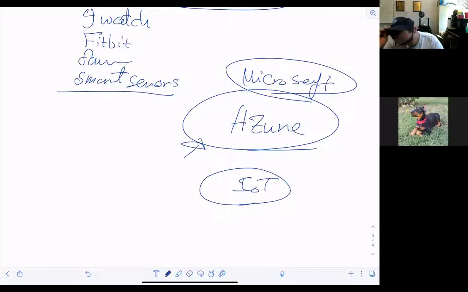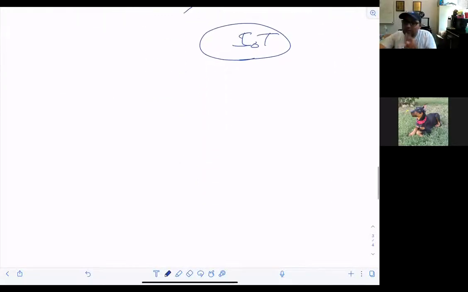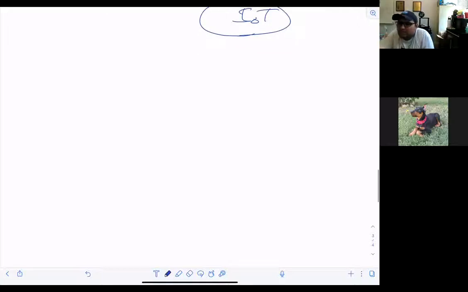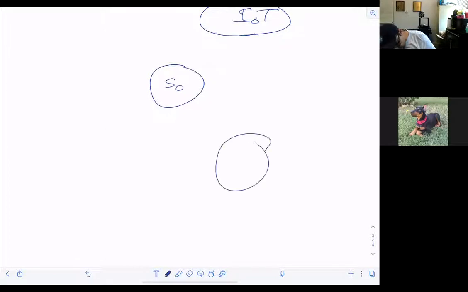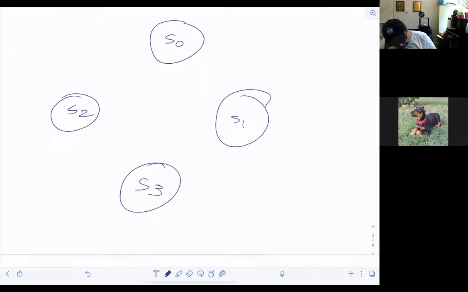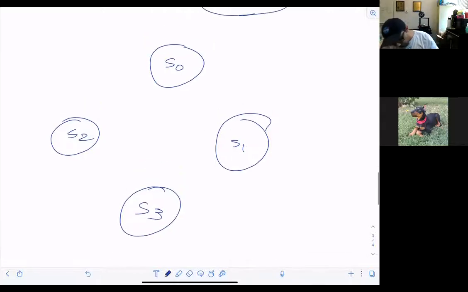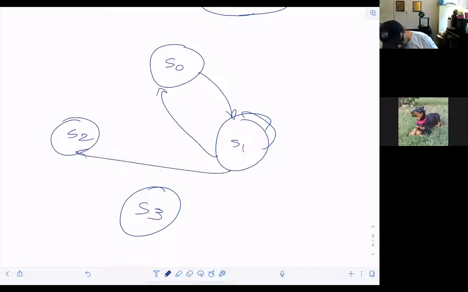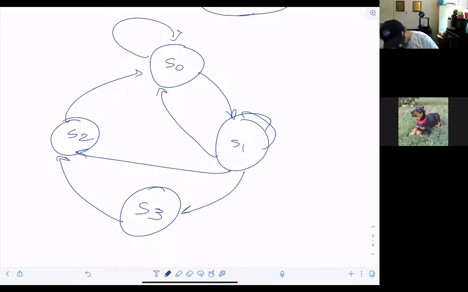Okay, sounds good. What does the graph look like? I will just give an example. So the example is going to be like this. I have here S0, S1, S2, S3, bubbles, and then I will make some weird arcs like this, and on each one, input, output.